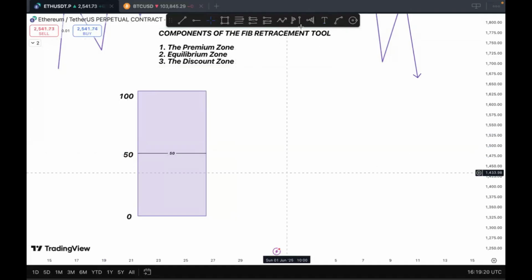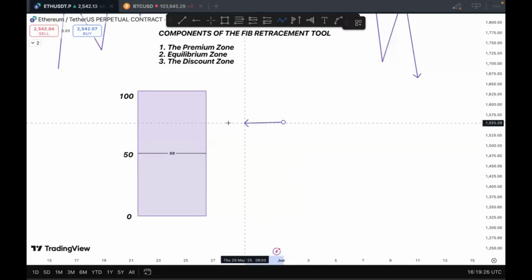So this zone from 50 to 100 is called the premium zone.